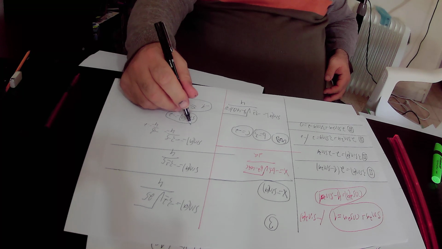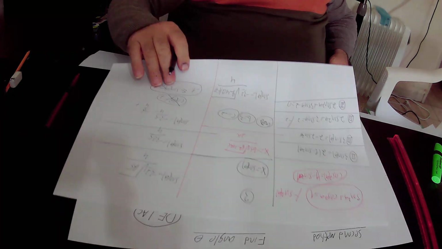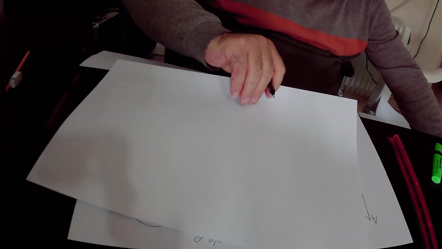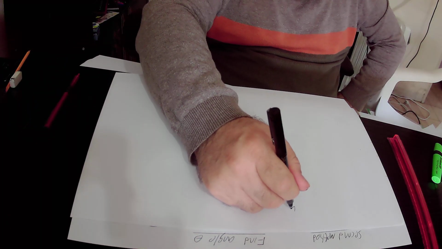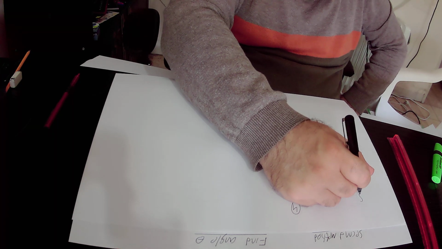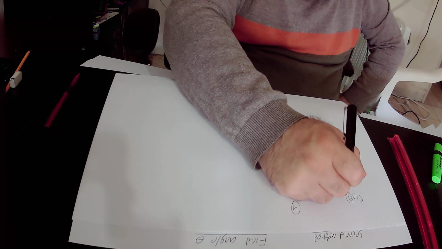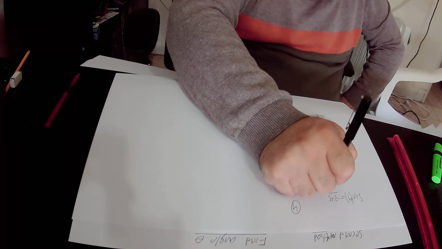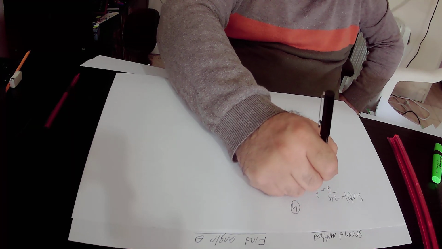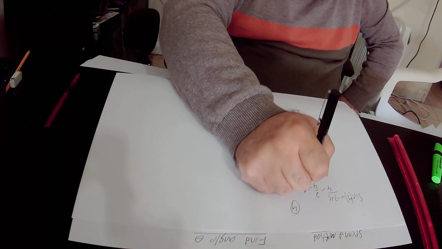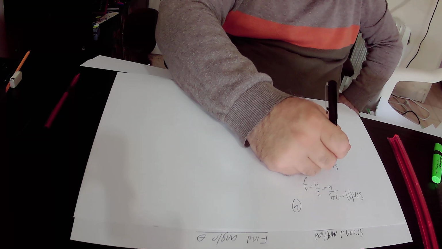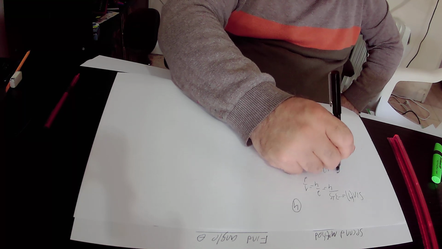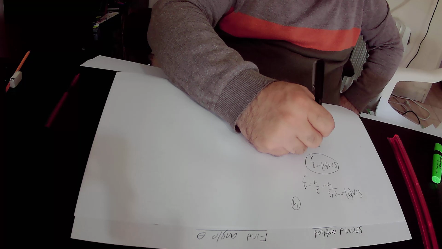So we cancel this solution and we're left only with the second solution, that sine alpha equals minus 3 plus 5 over 4. Minus 3 plus 5 is 2, and 2 over 4 is 1 half. So if sine alpha equals 1 half, it means that alpha itself equals 30 degrees.